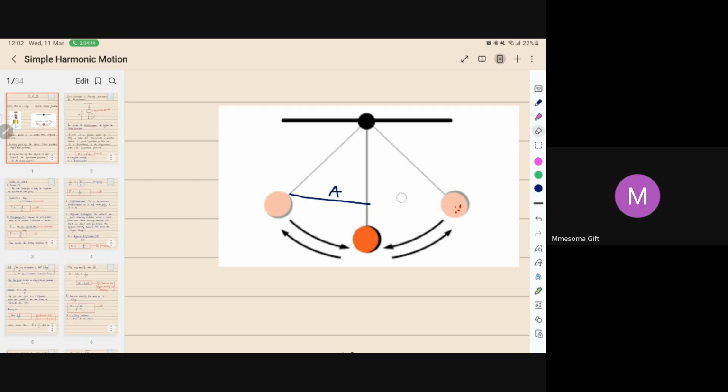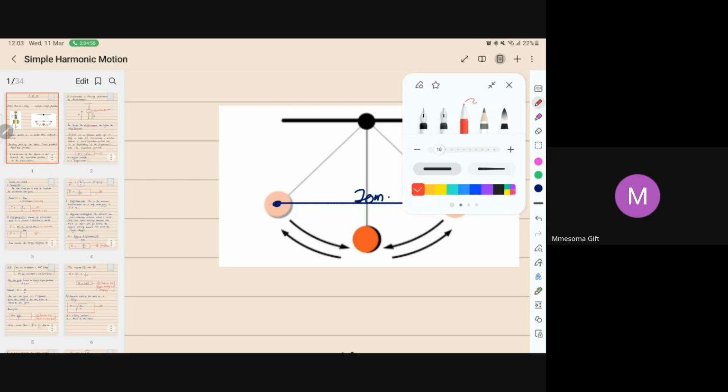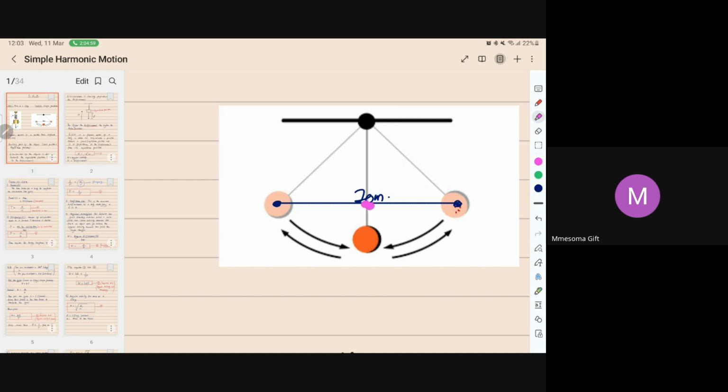Now, somebody is telling you that the total distance between this point here and this point here is 20 meters. But remember that your maximum displacement is the distance from the center to the suspension point. This is your amplitude.